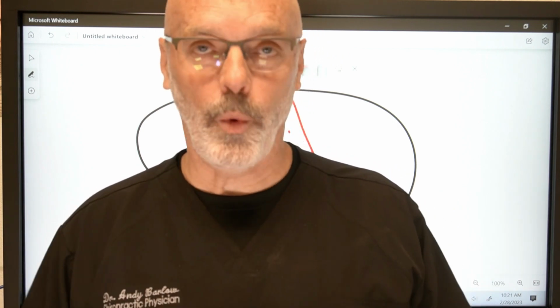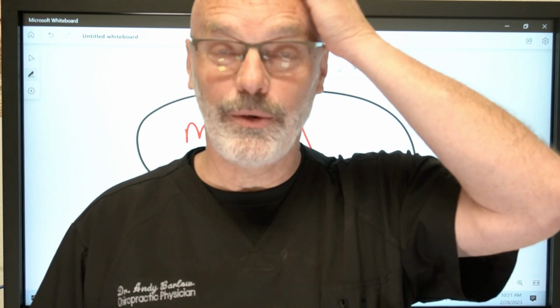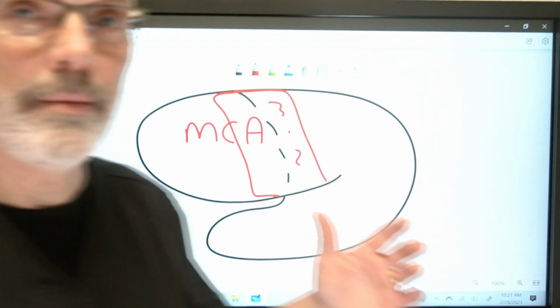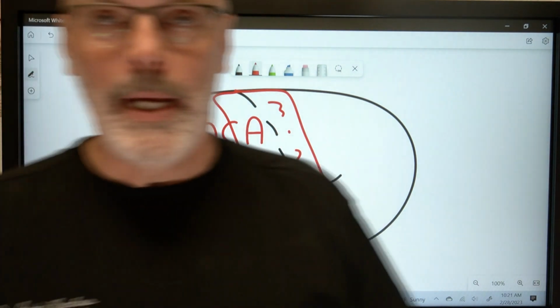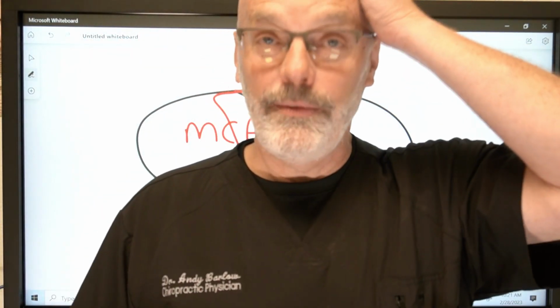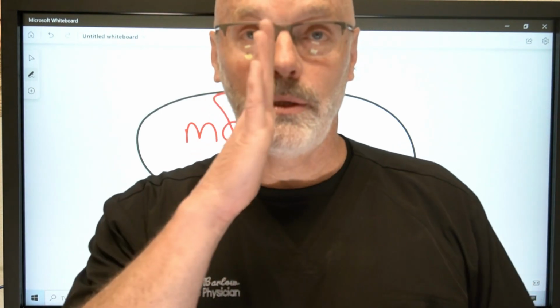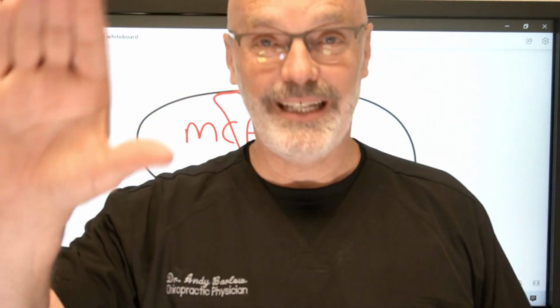The reason that's important is that on this lateral side of our brain, frontal and parietal lobe included, the blood flow is controlled by the middle cerebral artery. If you look at the homunculus, the middle cerebral artery controls the contralateral face and hands.